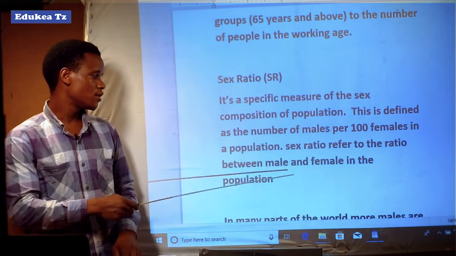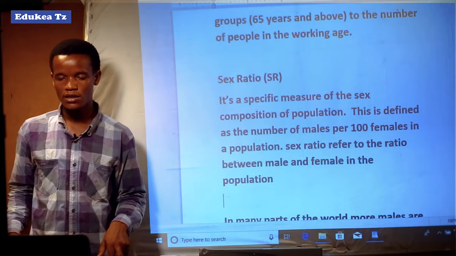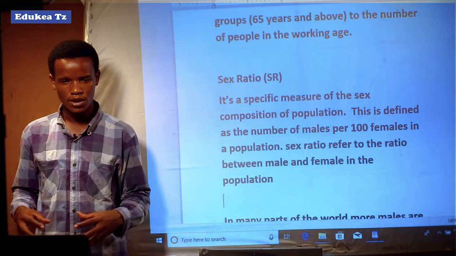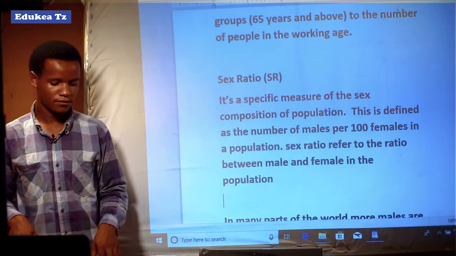As I said earlier, in sex ratio you are looking at the ratio between male and female in the population.